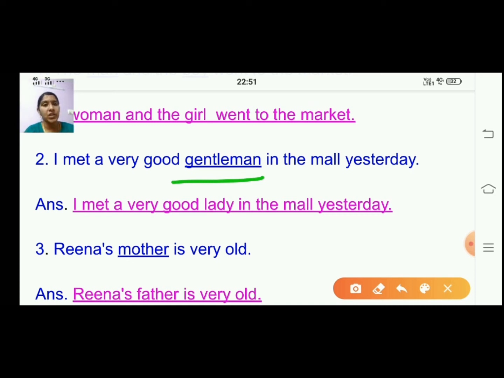That is masculine gender, gentleman. Here, lady we are going to give. This is feminine gender. So, whichever gender they have given, we are going to replace it with the other. If they have given masculine gender, you will write the feminine gender.